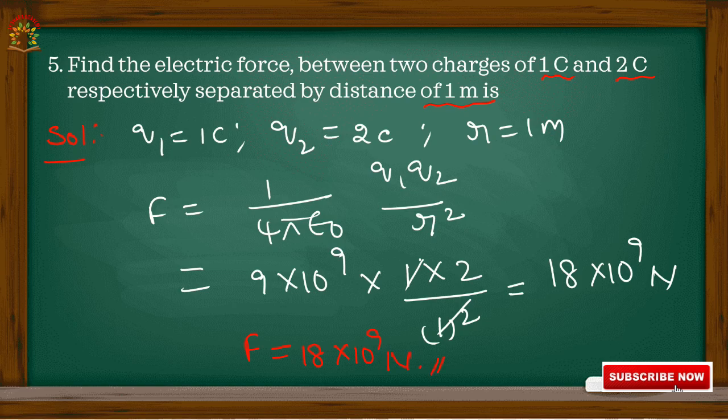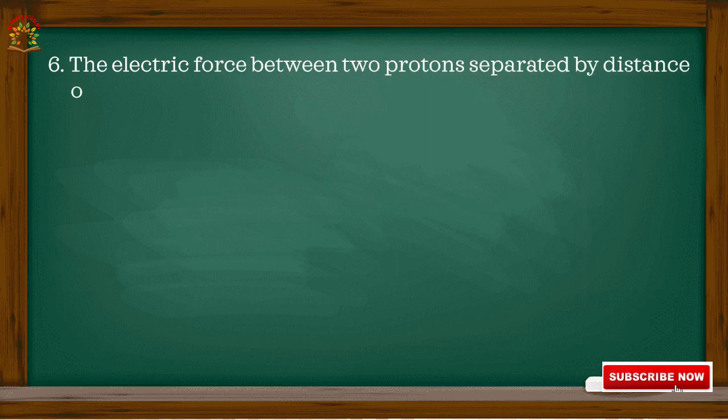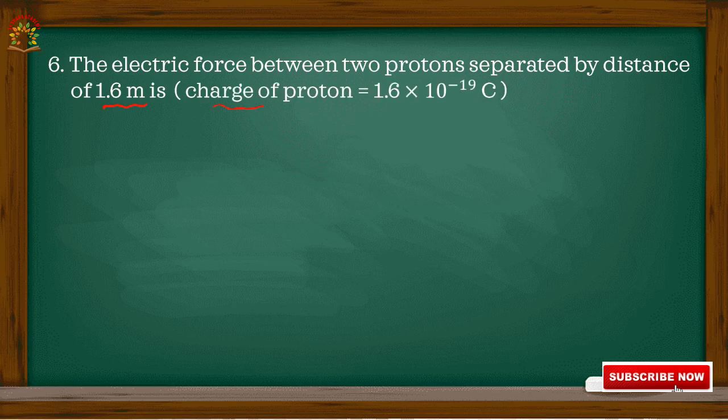Okay. Next, go to the next question. The electric force between two protons separated by a distance of 1.6 meters is. The charge of a proton is given as 1.6 into 10 to the power of minus 19 coulombs. Let us come to the solution.